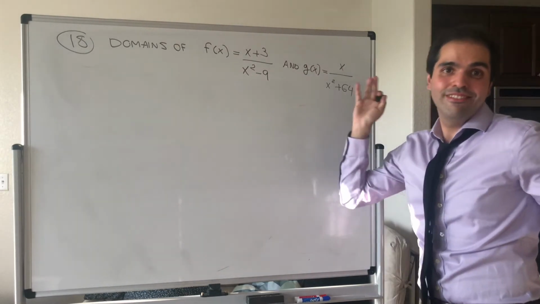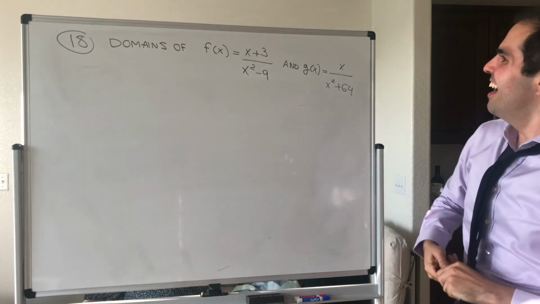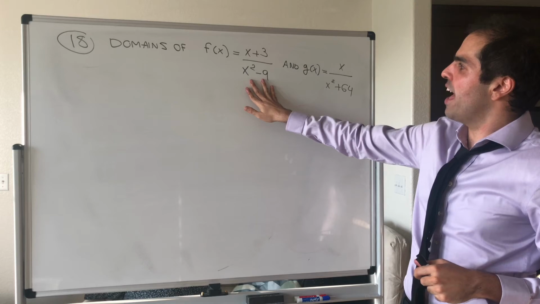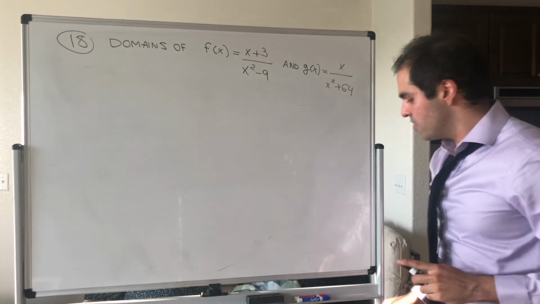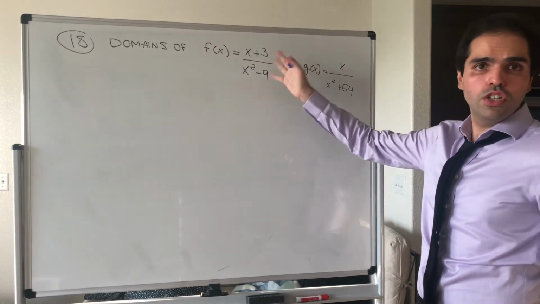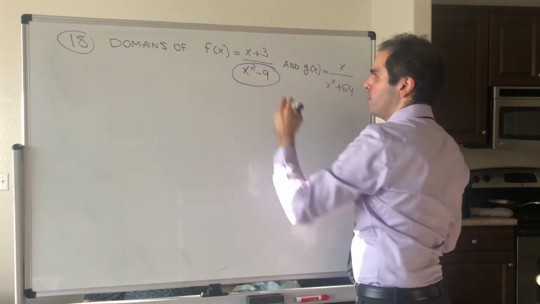So now, a surprise double question, which we all love, right? Let's find the domains of those two functions, x plus 3 over x squared minus 9 and x over x squared plus 64. So here, we just need to figure out when is the denominator non-zero. Okay?